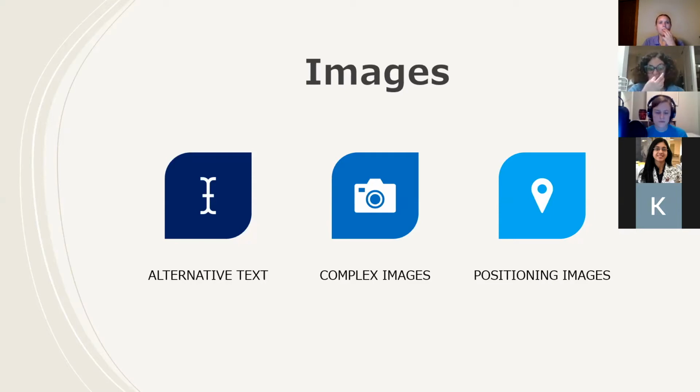Which brings us to, where do we position images? Because that's important. Images in Word documents must be positioned in a specific way so that they're accessible. This is because screen readers only recognize images that are wrapped in line with the text. So if it's square or below or above or anything else, screen readers do not see it.